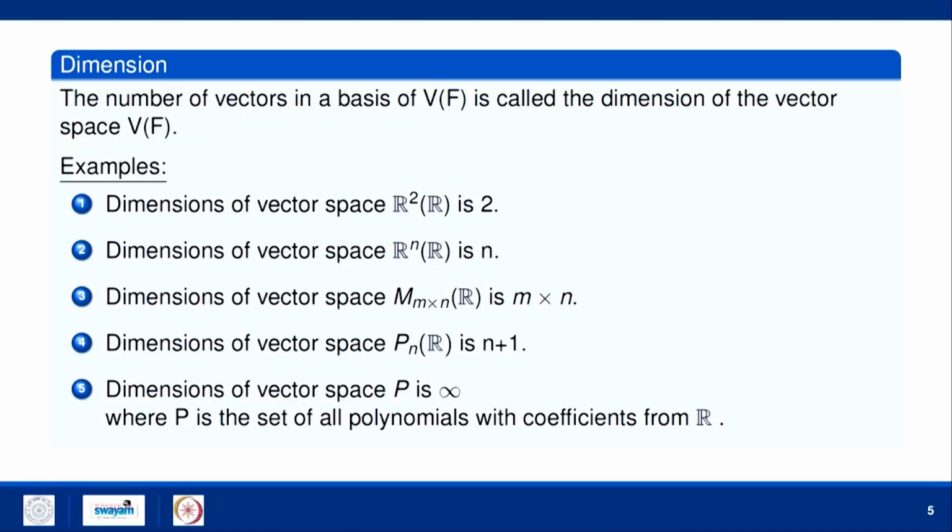If you take the vector space of all the polynomials having degree n or less, then the dimension of that vector space will be n plus 1, because we will have n plus 1 elements in the basis. Similarly, the dimension of the vector space of all polynomials is infinite.